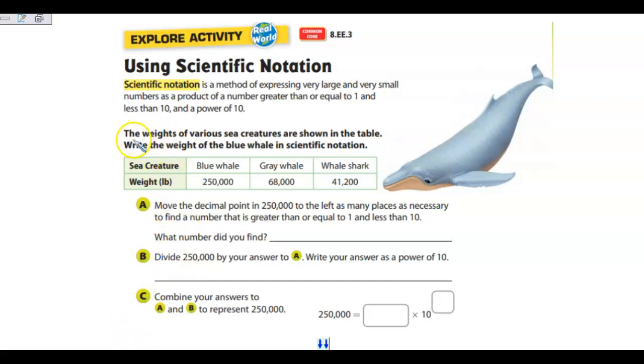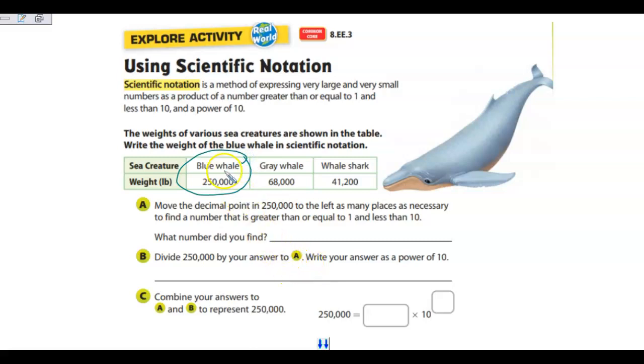So here we have the weights of various sea creatures shown in the table, and we're going to write the weight of the blue whale in scientific notation. The sea creatures they compared are blue whale, gray whale, and whale shark. The weight in pounds is 250,000, 68,000, and 41,200. We are working with the blue whale, so we're going to work with this one right here.